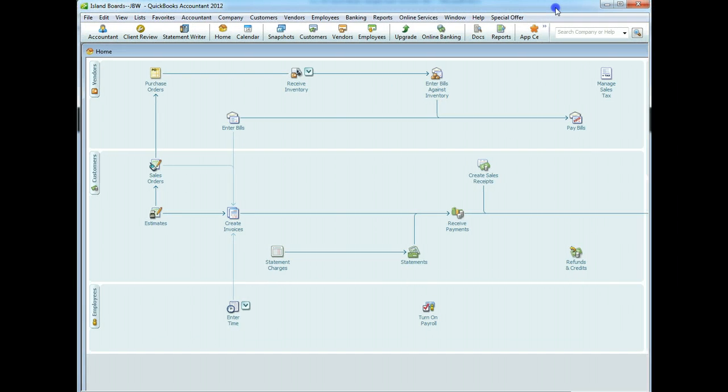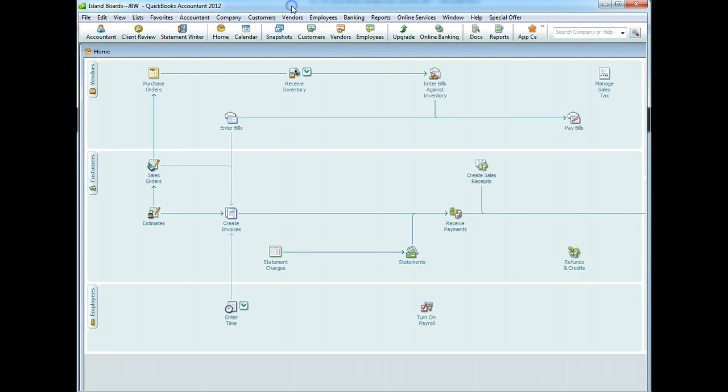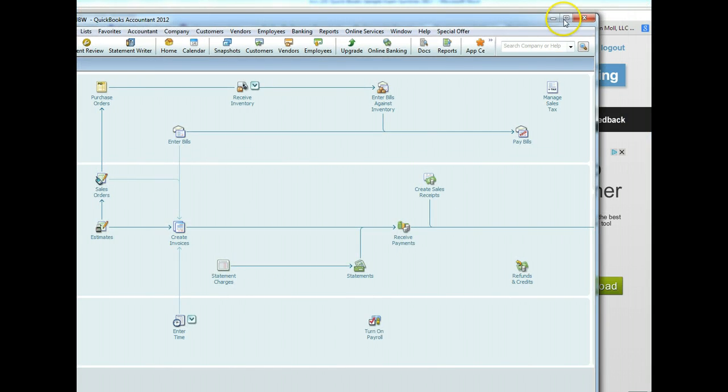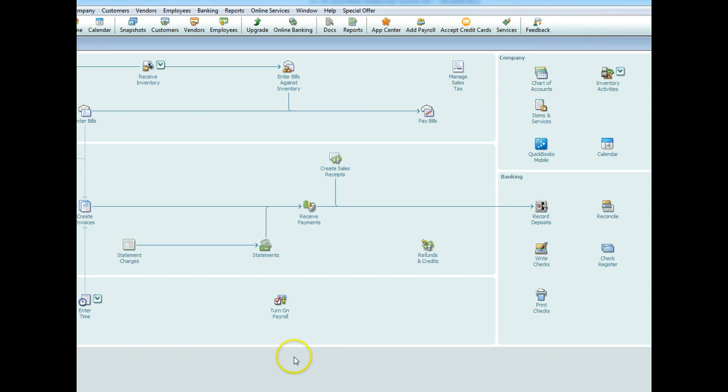Perfect. Okay, to start, we're going to do our initial investment. So, now that's the problem. Now I can't see. So I'm going back to the regular one.